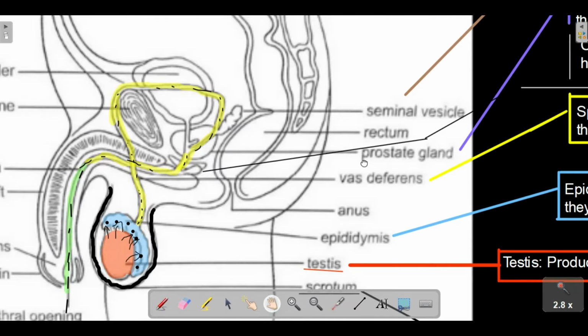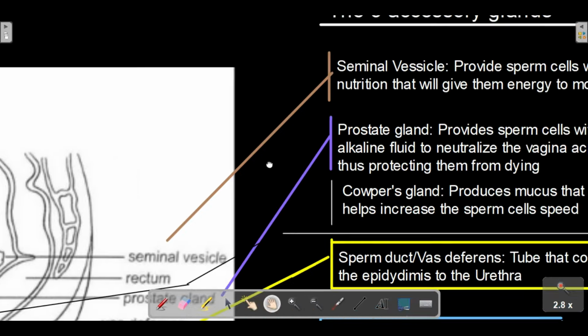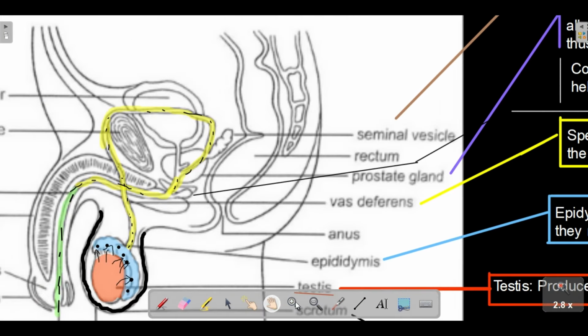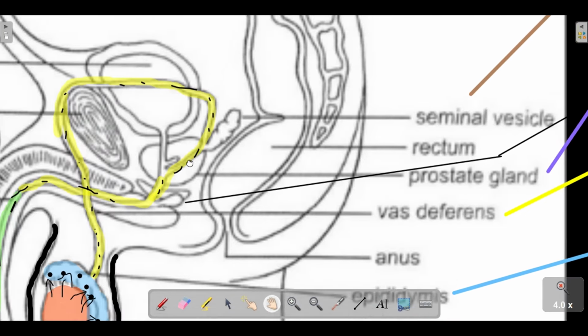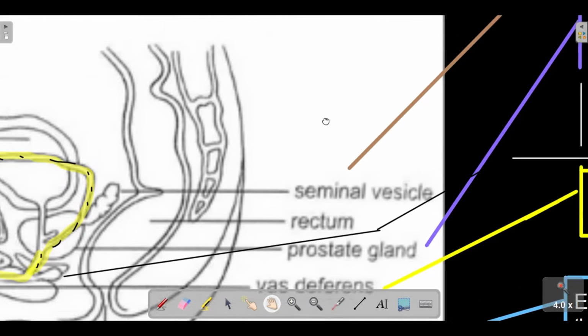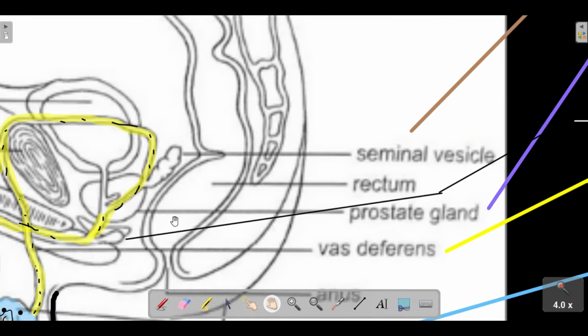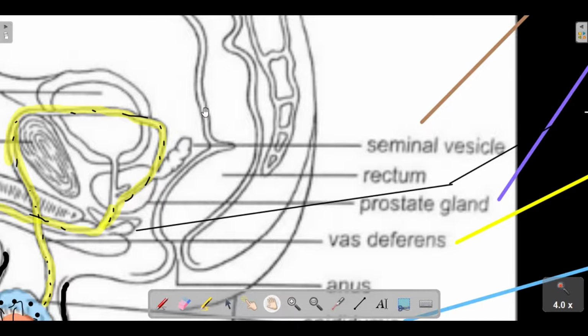So let's start with the first one, which is the seminal vesicle. So how do you identify a seminal vesicle? First of all, a seminal vesicle looks like a leaf, or a tree or something, but it is an elongated structure. So you have to know that, because it may look different in different diagrams, but it will always be elongated like that.